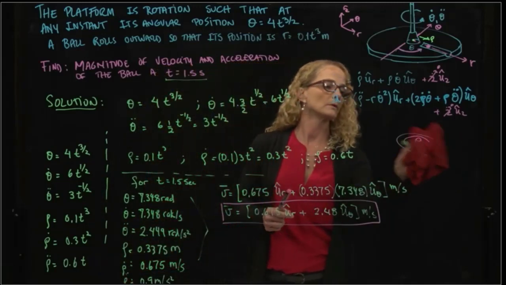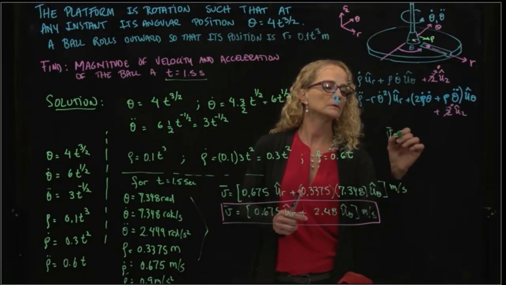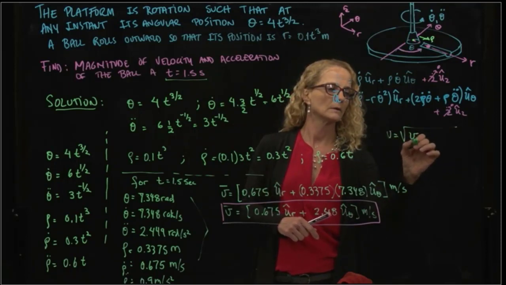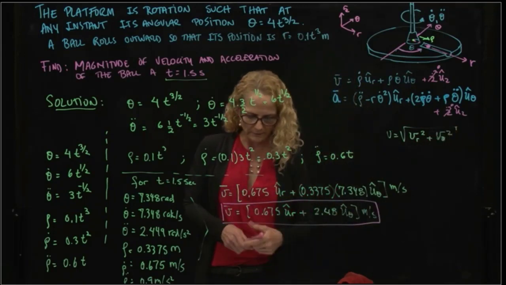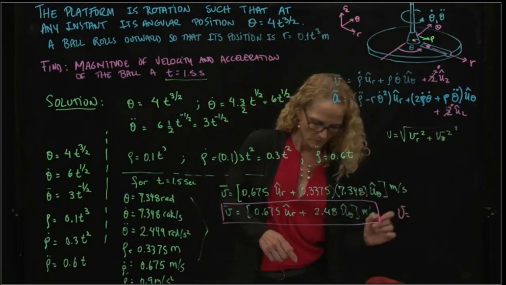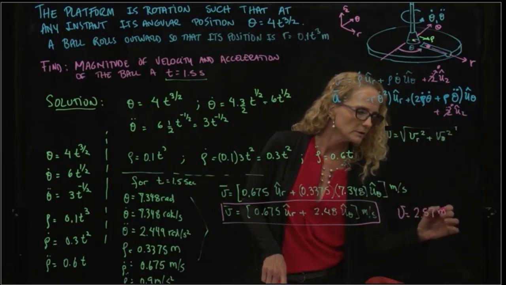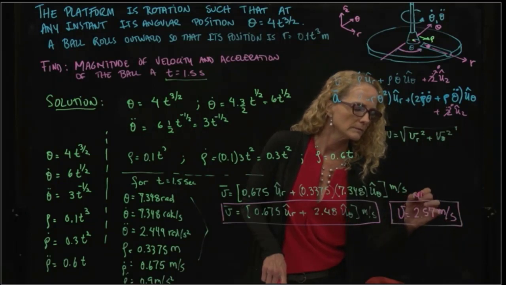If you remember, the magnitude will be V equals the square root of that expression squared. So we can write the results, and the velocity will be 2.57 meters per second. This is the magnitude.